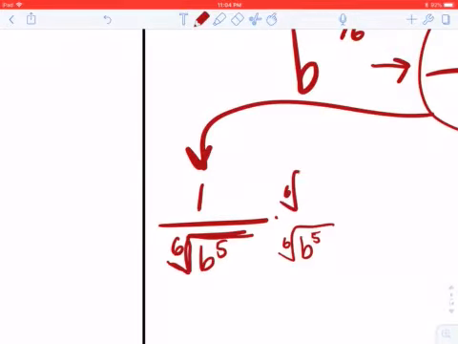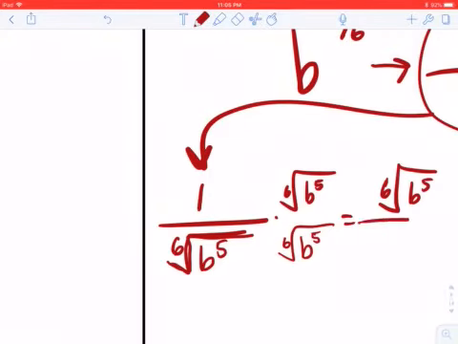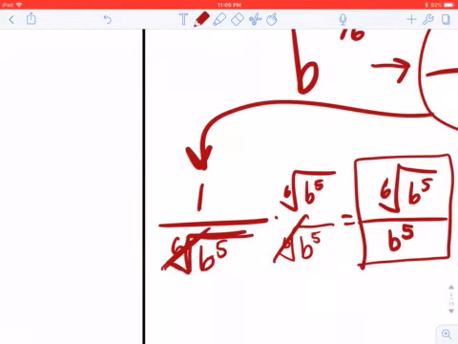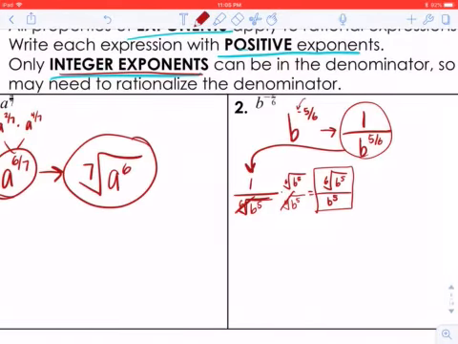What I do to the bottom, I have to do to the top. So here I would have the 6th root of b to the 5th on top. And then we have our 6th root and our 6th root would cancel. And we'd be left with just b to the 5th power on the bottom. That would be my answer for number 2.